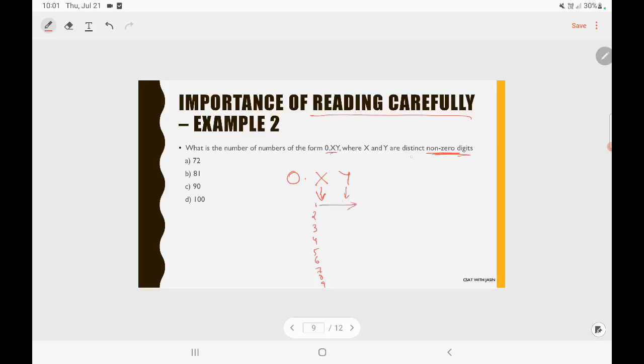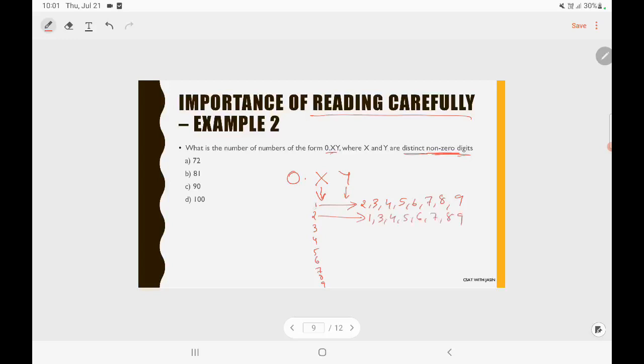But here it has said that x and y are distinct. What is meant by distinct? It means that x and y are different. So if x is 1, y won't be 1. y can only be 2, 3, 4, 5, 6, 7, 8 and 9. Similarly, if x is 2, y can be 1, not 2, and 3, 4, 5, 6, 7, 8 and 9.